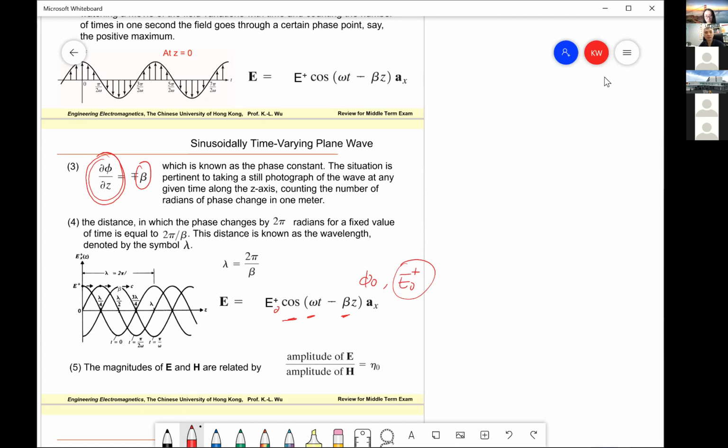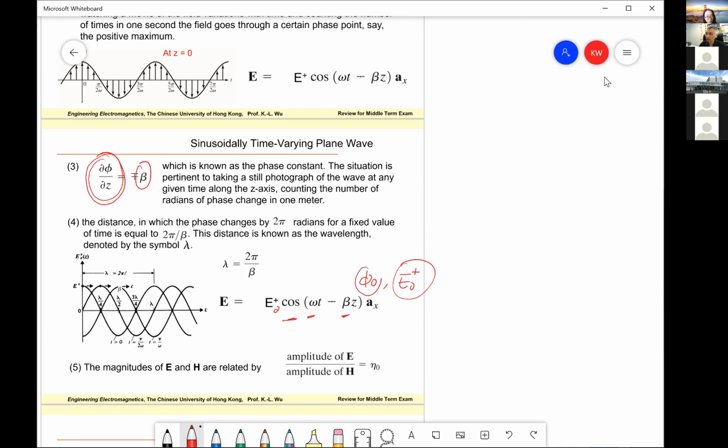We had a problem in assignment 5, so if you have done assignment 5, you should understand how to determine this coefficient. I can also tell you we had a problem in the midterm exam that asked you to determine this magnitude constant using the given boundary condition.